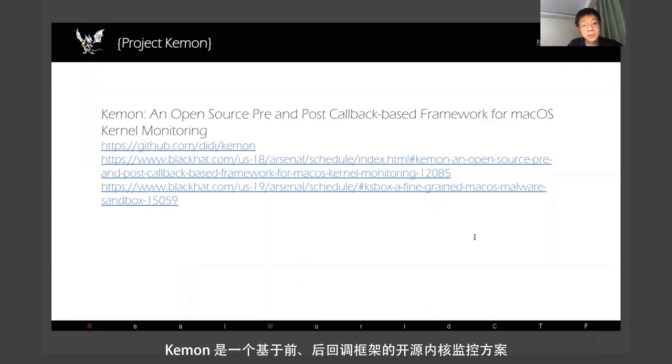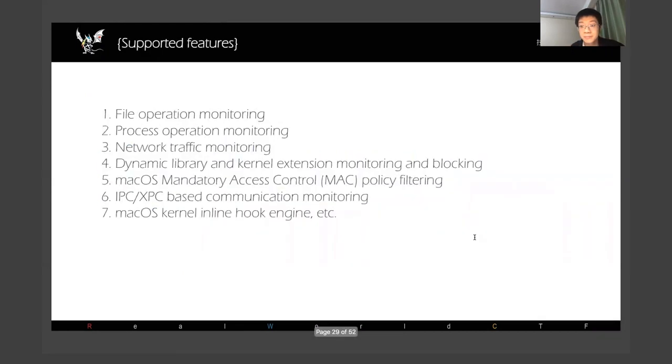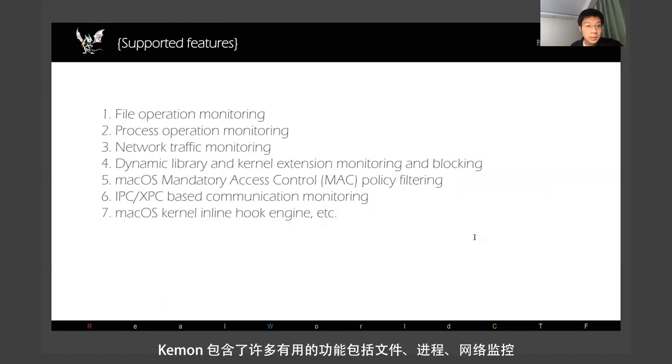Kmon is an open source pre- and post-callback-based framework for macOS kernel monitoring. Its source code can be found on GitHub. Kmon includes many useful features, including file, process, and network traffic monitoring, dynamic library and kernel extension monitoring and blocking, mandatory access control policy filtering, and so on.